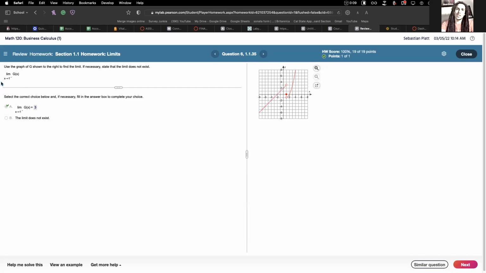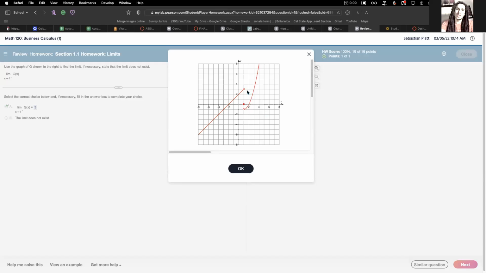Next, we have the limit as x approaches 1 from the left. Now you've got to be careful with this one because we see 3 points at x equals 1. We see a point here, a point there, and a point there. But which one is 1 from the left? Well, we have to look at where these points are coming from. The top point here, at let's say y equals 3, is coming from the left side.